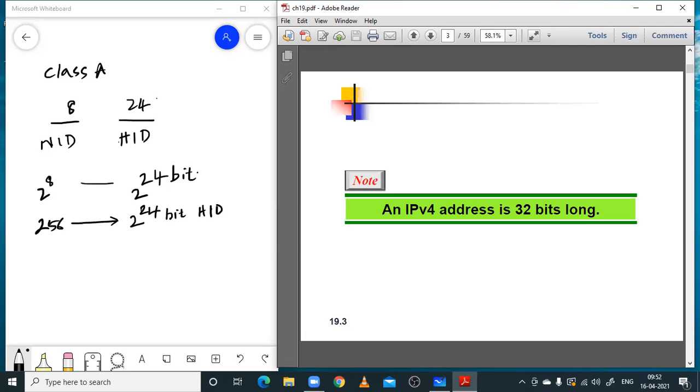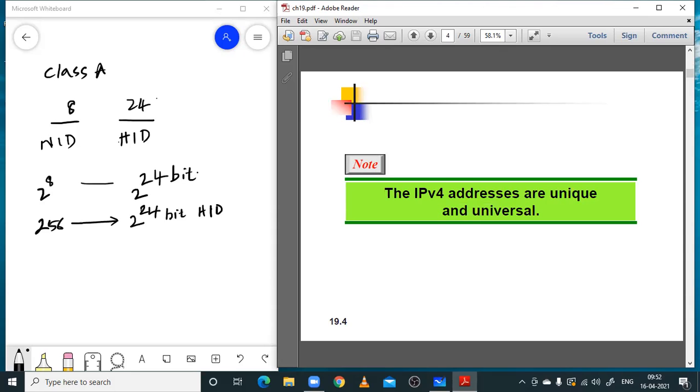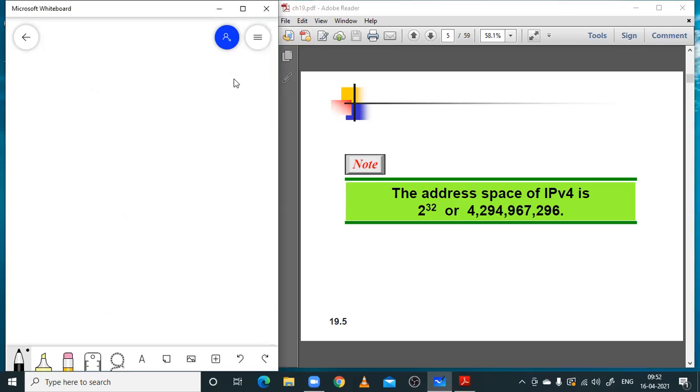Okay. Now coming to this, just now I told you the IPv4 address is 32 bits long and it is also unique and universal. So what is this actually? 2 power 32 address space. Let me concentrate on this point. The address space of IPv4 is 2 power 32. According to IPv4 addressing, 32 bits are needed for assigning an IP address to a device.